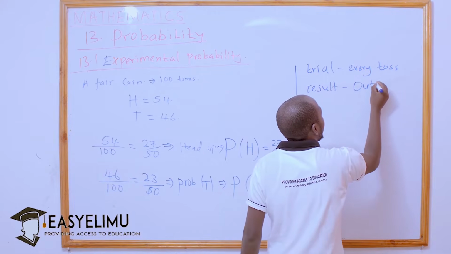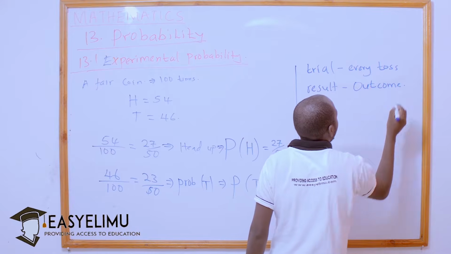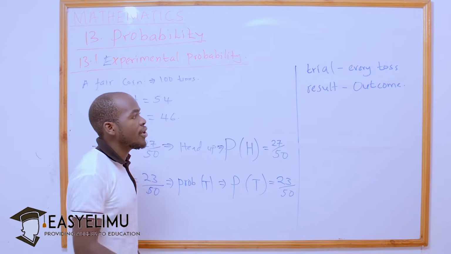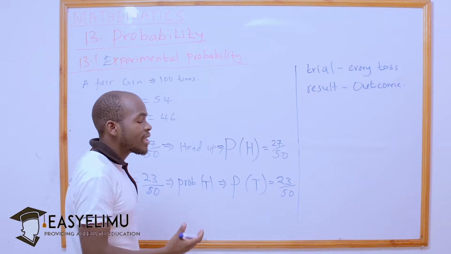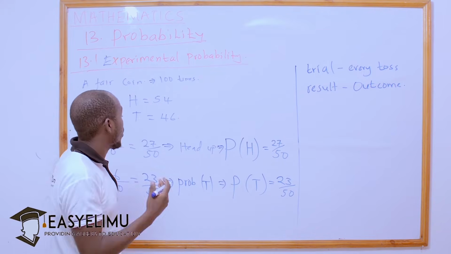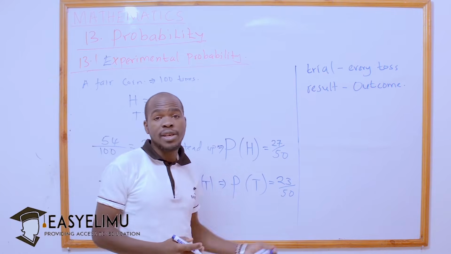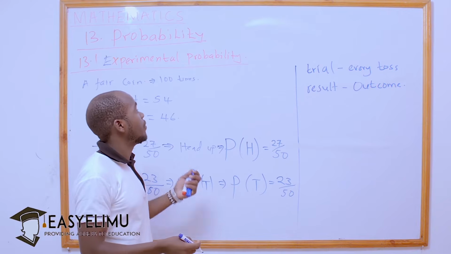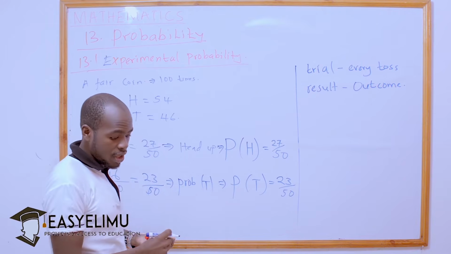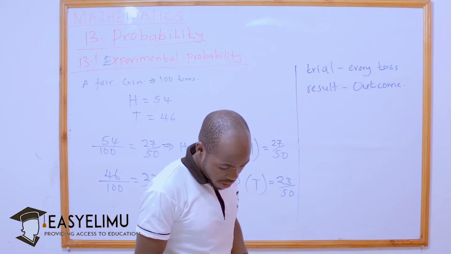So these are the terms which are used in probability: trial and outcome. The chances of it becoming a head or a tail is what I'm referring to as outcome. So having the two, you will have to understand whatever you will be doing.